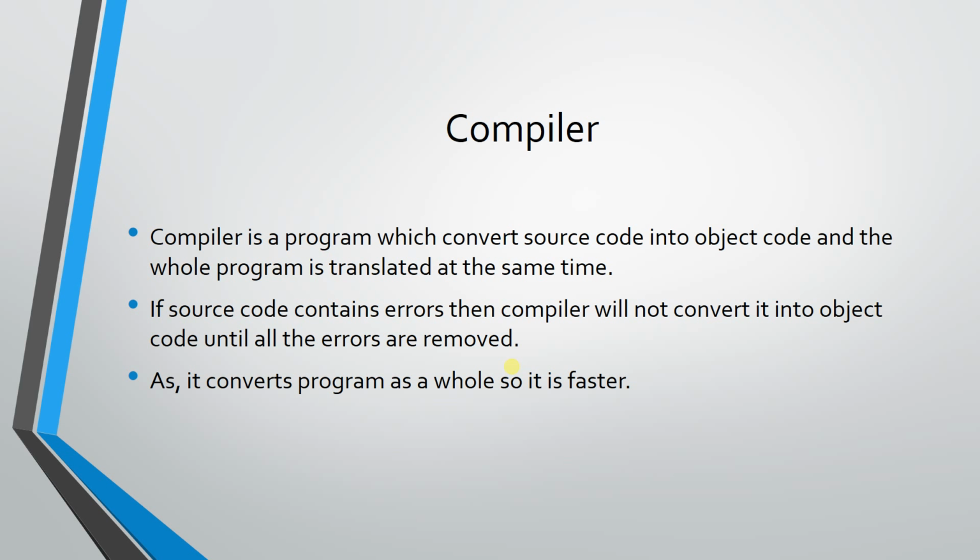Compiler can translate any high level language into the machine code, into the object code, but it translates the whole program at the same time. If the source code or the program which we have written has errors in it, then the compiler will not convert it into the object code. The compiler will stop working until all the errors are removed. So as it converts the program as a whole, it is faster.